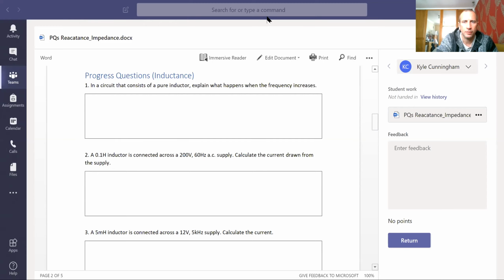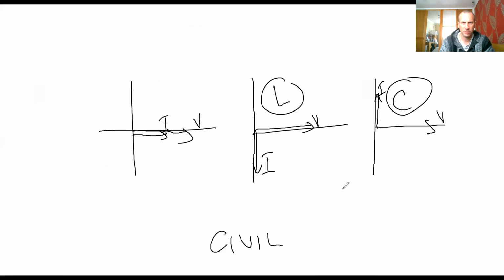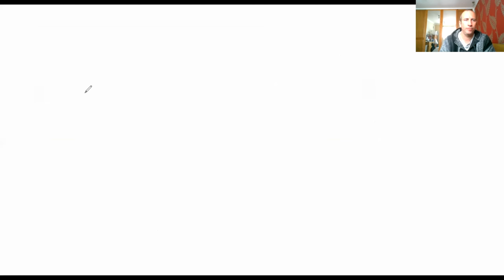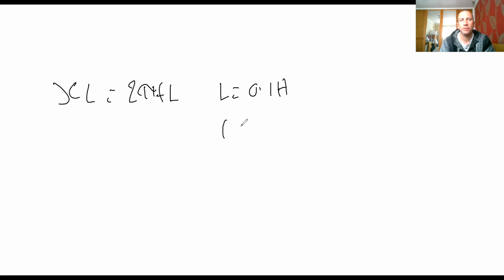Right. So if we clear the screen, can I clear the screen? Yeah, I can do that. Clear all drawings. Right. So now we've got the equation XL is equal to 2 pi FL, where L is equal to 0.1 henries. Frequency was equal to, I can't remember, I think it was 50 hertz, was it?